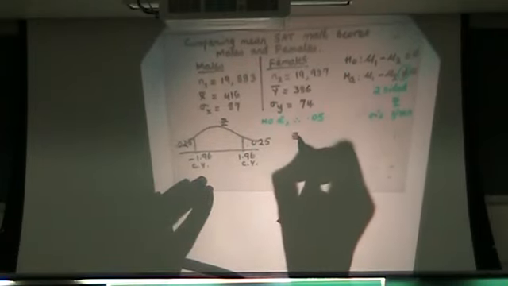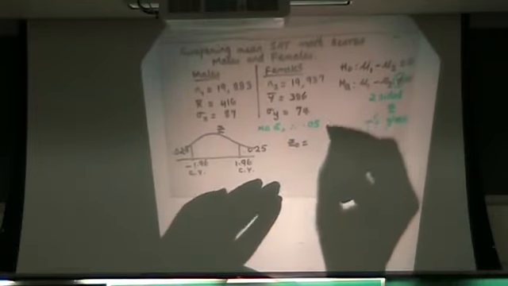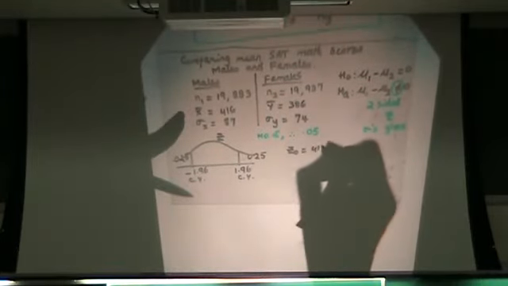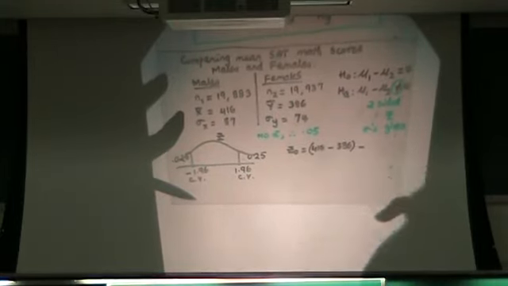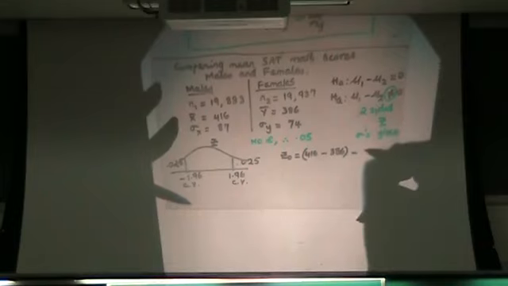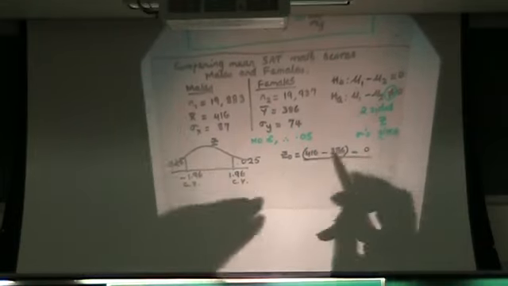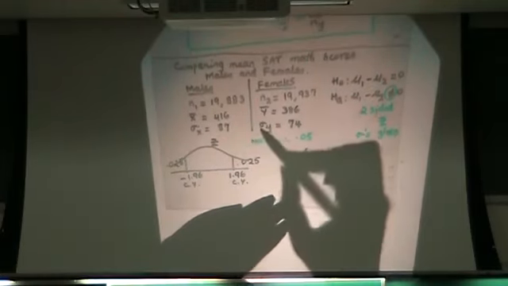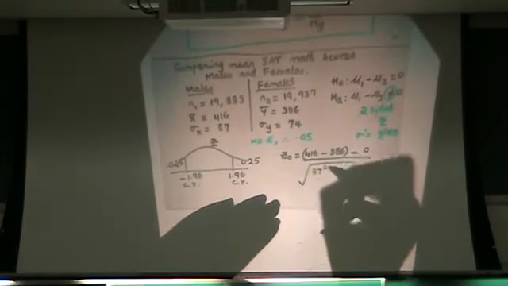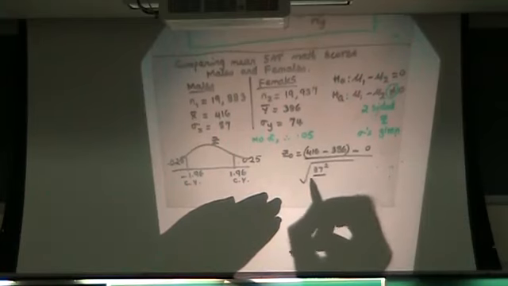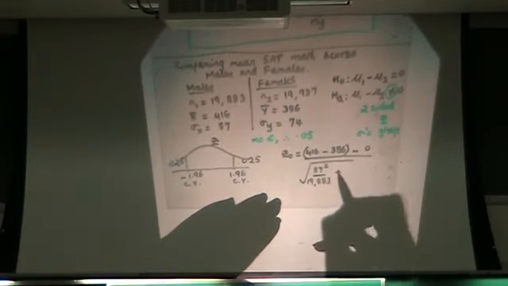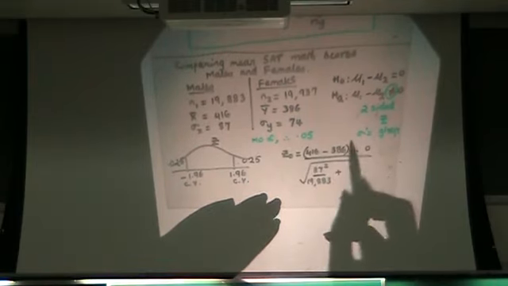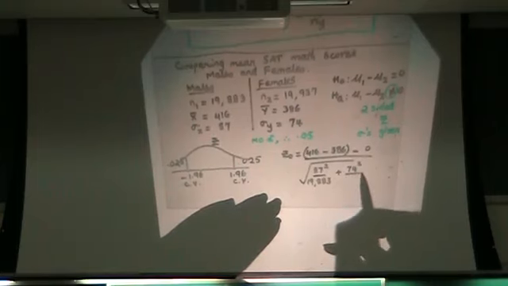Then I find my test statistic, Z naught equals X bar, 416, minus Y bar, 386, minus this 0 from the null hypothesis, divided by radical sigma x squared, 87 squared, over nx, 19,883, plus, make sure it's plus, sigma y squared, over ny, 19,937.